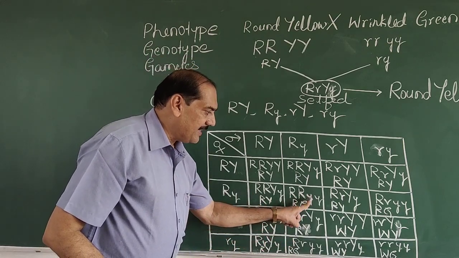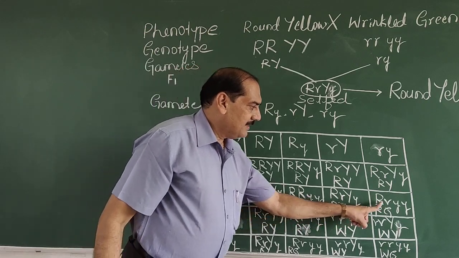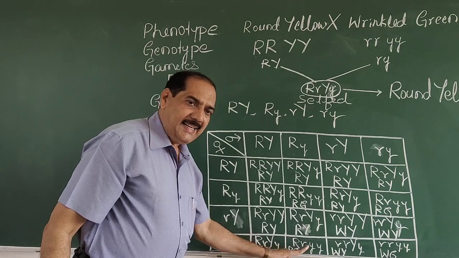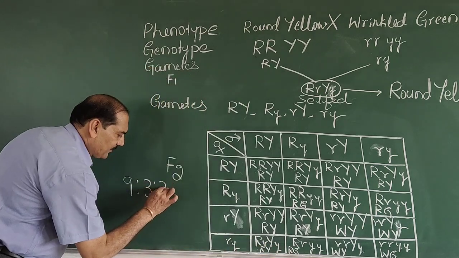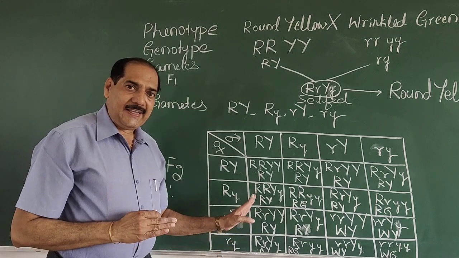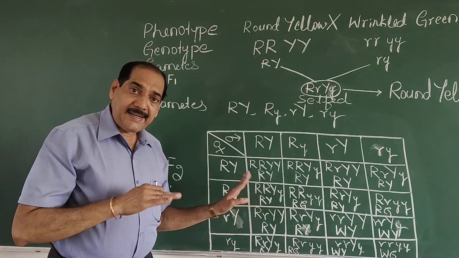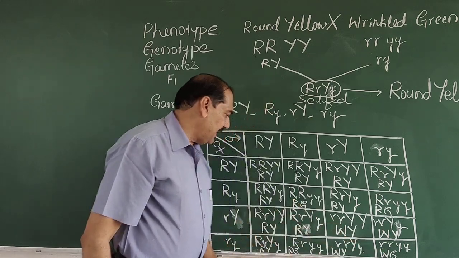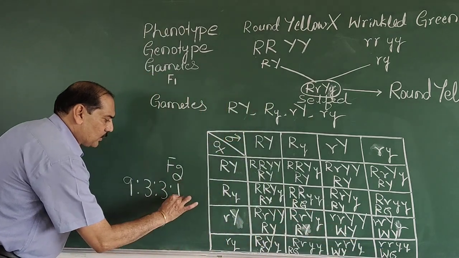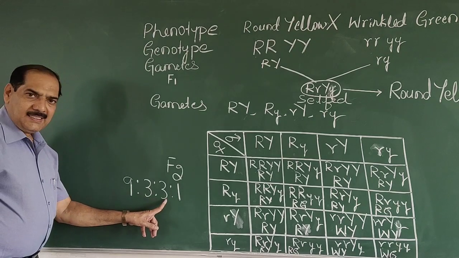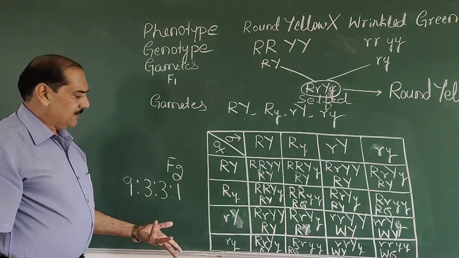This is round green 1, round green 2, and round green 3. Next, you observe, is there any wrinkled green? Yes, there is only one wrinkled green. So total how many? 9 plus 1, 10 plus 3 plus 3, 16.